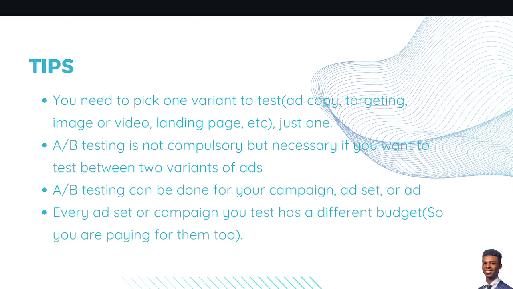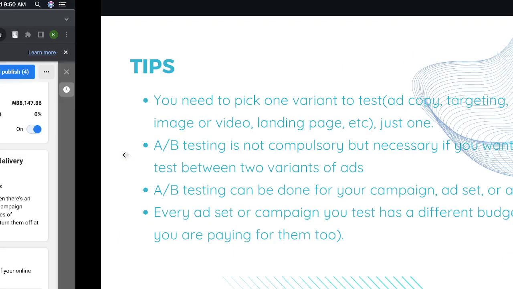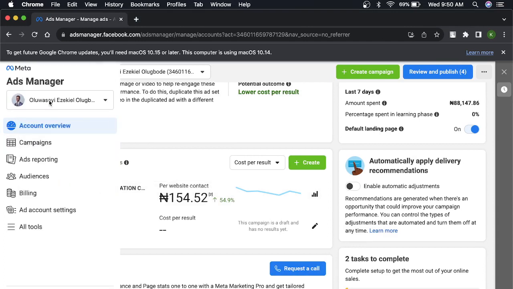Let me say it again: you are not paying 5,000 for the two, but 5,000 for each. So that's why I usually suggest that you don't run it for too long, so you won't burn off your money. You quickly know which one is performing better and just stop the other one to not waste your money. So let's dive into action.